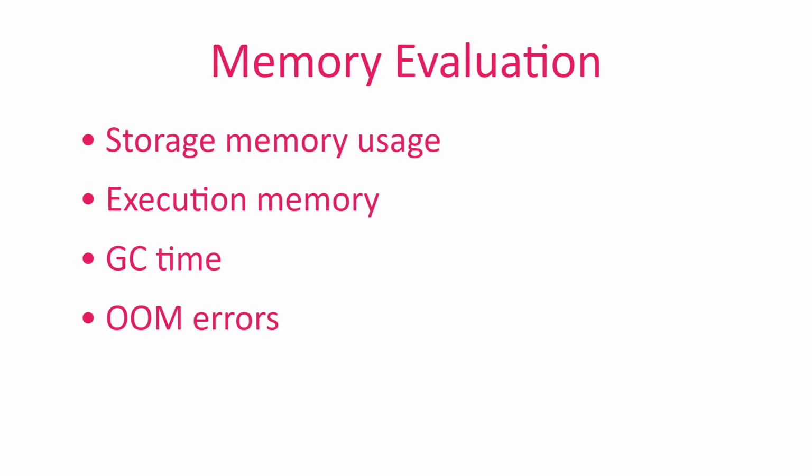At the memory level, we will discuss storage memory usage, execution memory, GC time, and number of out of memory errors. We also evaluate the correct storage level for caching and persistence, whether caching is helping, and whether an RDD or DataFrame is persisted too long. So all these are evaluated.